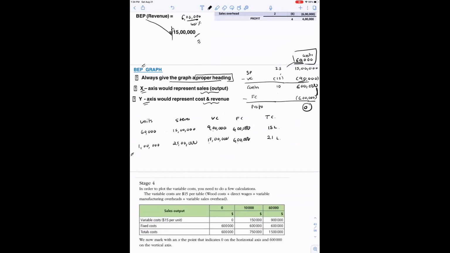We can find at 10,000 units also, so it becomes very easy for us to calculate. At 10,000 units into 25, the sales revenue becomes 2,50,000.